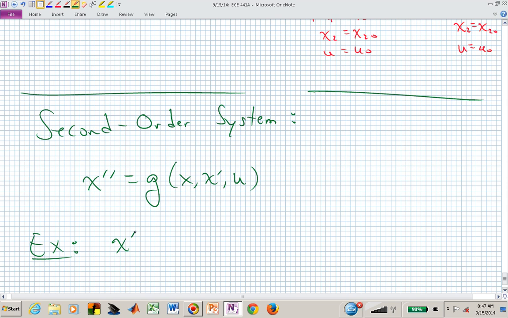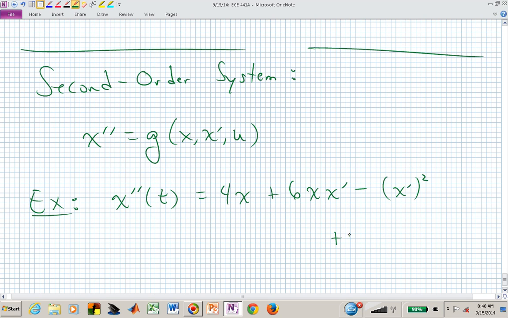Suppose somebody gives you that the second derivative of x is equal to 4x plus 6x, x prime, minus x prime squared, plus u, x prime, plus 5u.